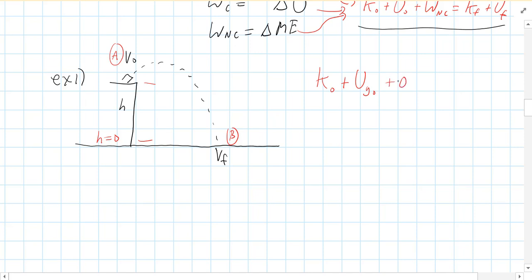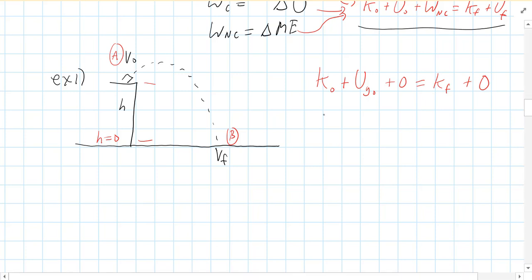There are no non-conservative forces acting, so the work term is zero. There is going to be a K final because it's going to impact the ground with a velocity, and it's going to be at ground level, so there'll be zero height and no potential energy. Also, I didn't include any springs. There are no springs here, so I didn't include spring potential energy anywhere.